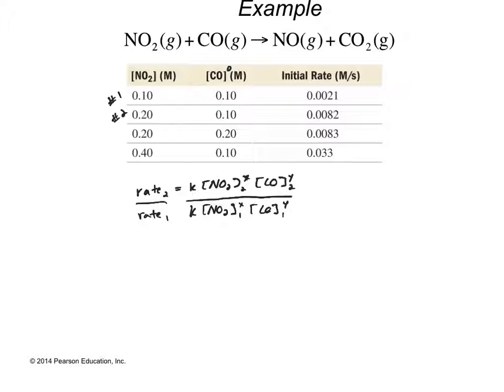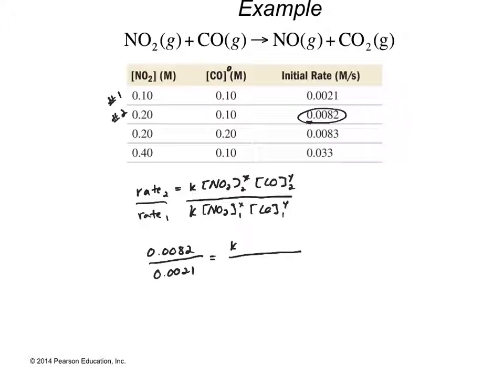Now I'm going to plug in all of the information I know. I know these 2 rates. So the rate of experiment 2 is 0.0082 over 0.0021.